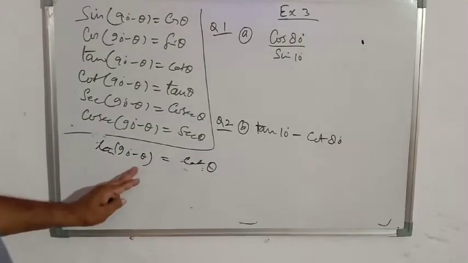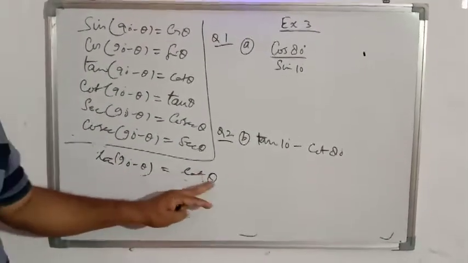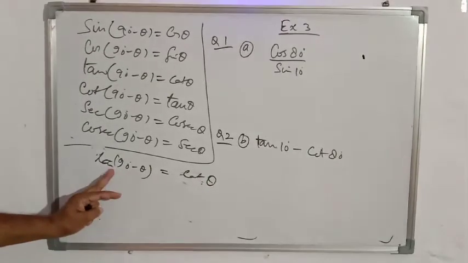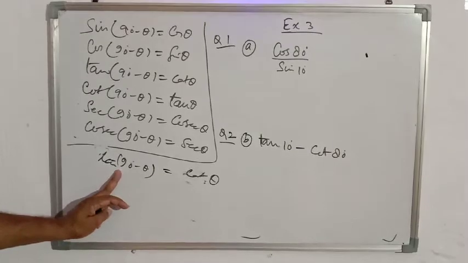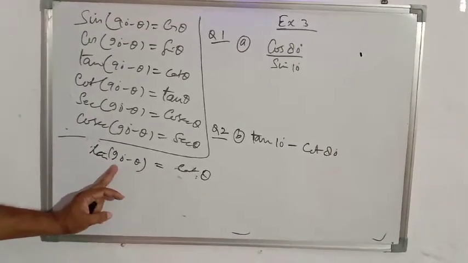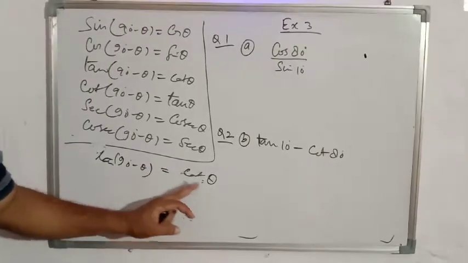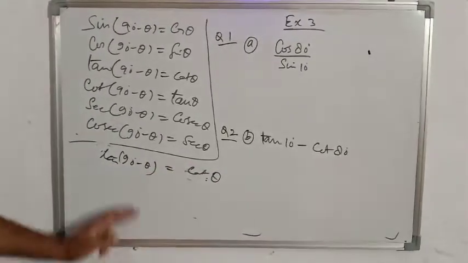So if two angles are complementary, sine of one angle equals cos of the other, cos of one equals sine of the other, tan of one equals cot of the other, cot of one equals tan of the other, and sec of one equals cosec of the other angle.